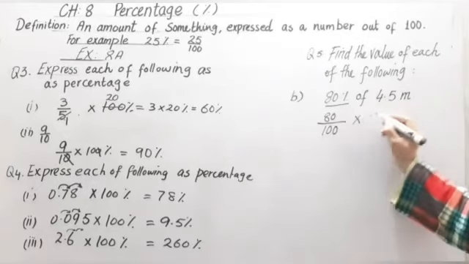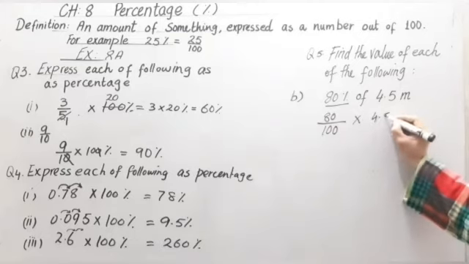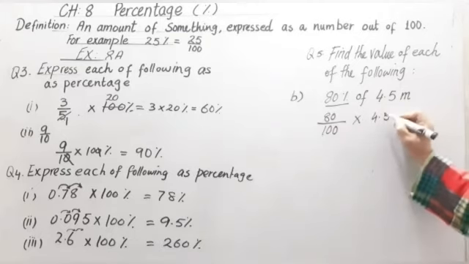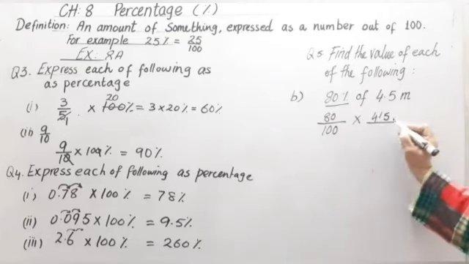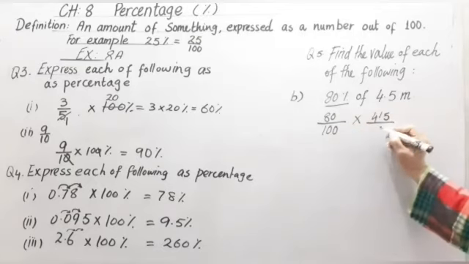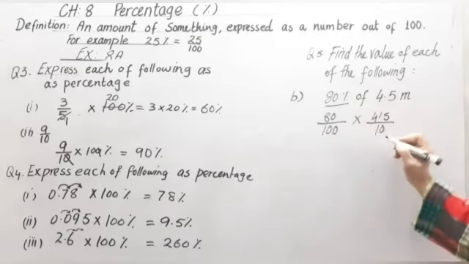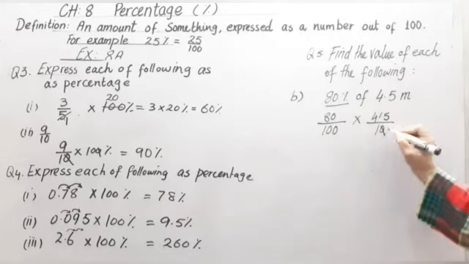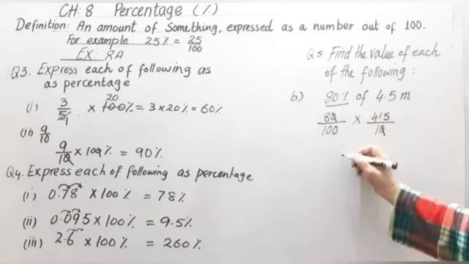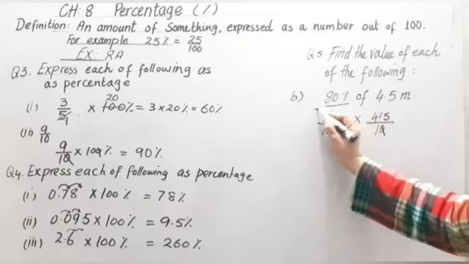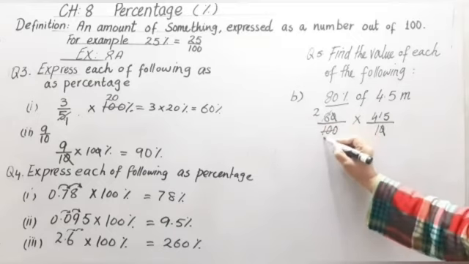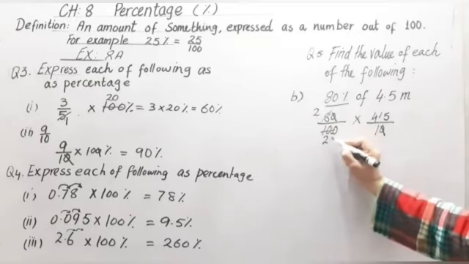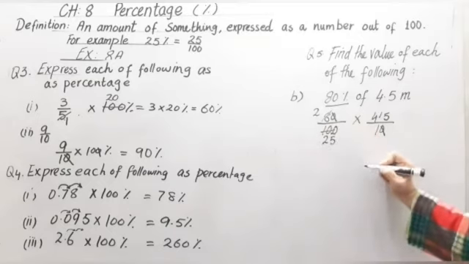Of means multiplication, and we remove the decimal from 4.5. This is the easy way to do the question. 10 cuts with 10. 4 twos are 8, 4 twos are 8 and 20, 4 fives are 20.